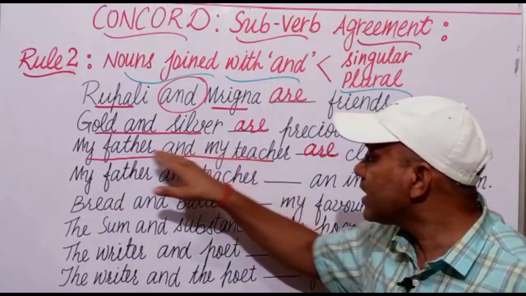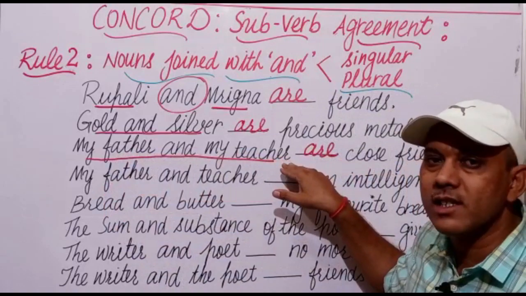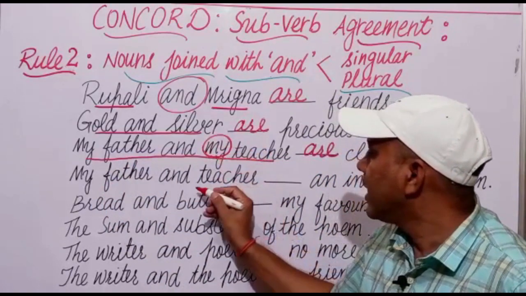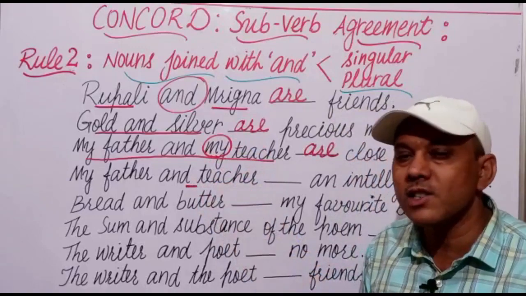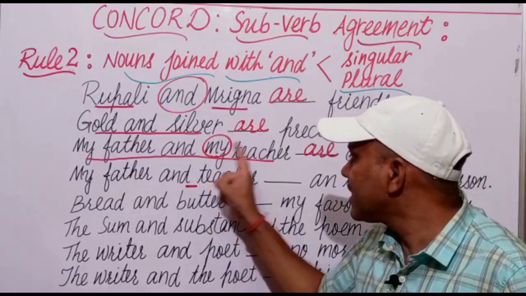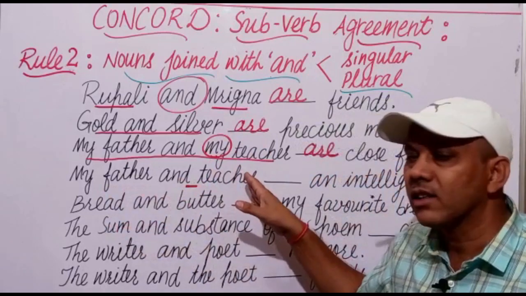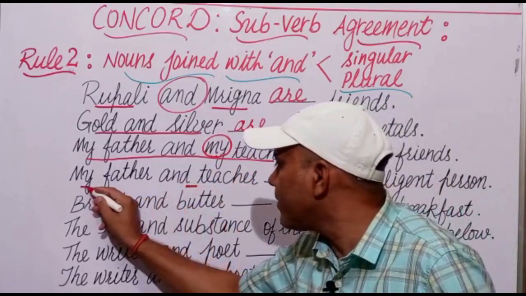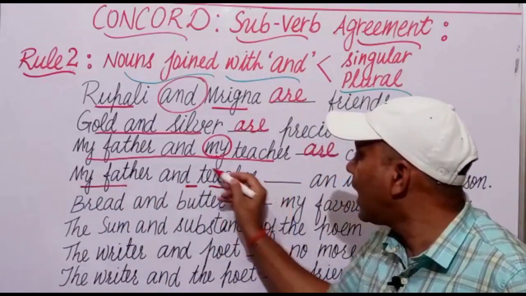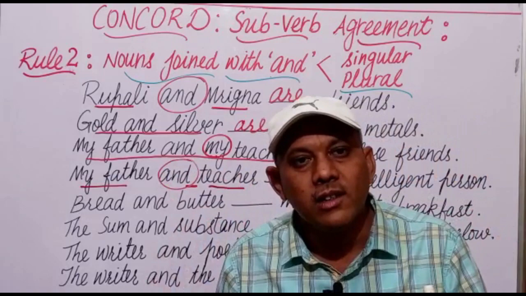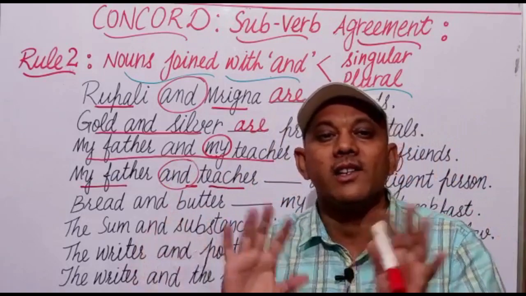Here, what is the difference between the above sentence and this sentence? Here, this word is not there. This possessive adjective is not there. My father and teacher. These two nouns, my father and teacher, are joined with and. It should become plural. But no, it is not plural.